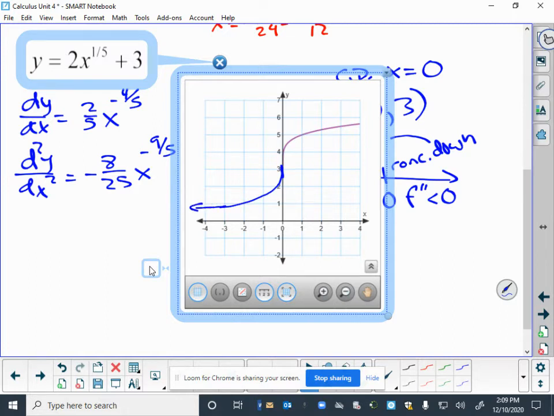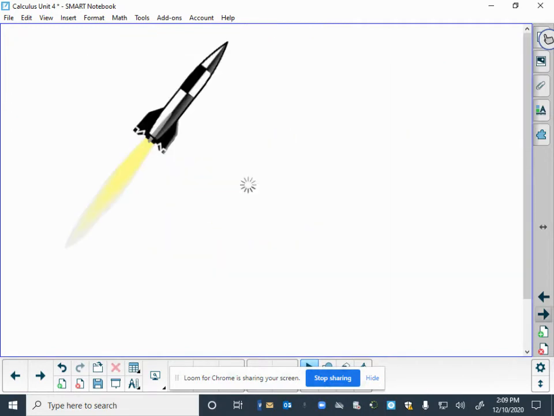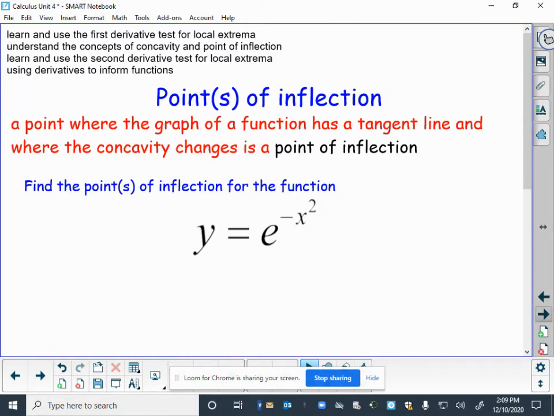That's what 2x to the 1/5 plus 3 looks like, and we can see the concave up happening here. And then it switches right at this point and becomes concave down after that. Okay. That sadly is something we don't get to do.